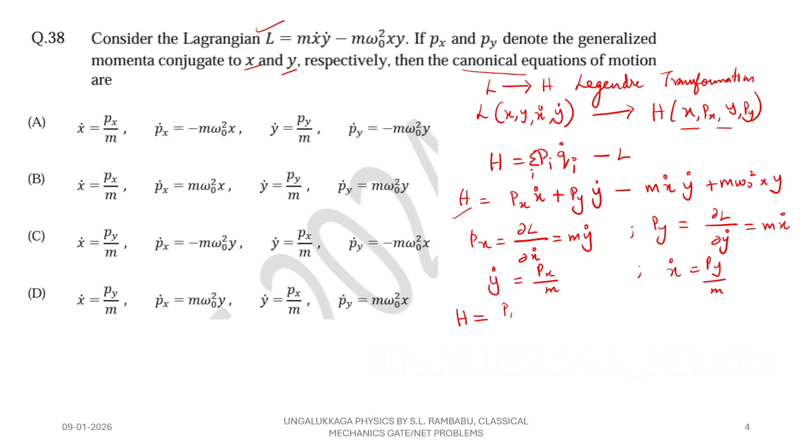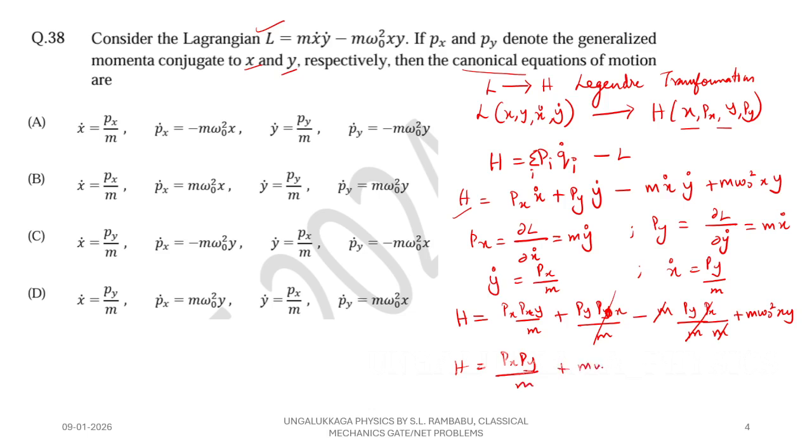So H is equal to px times py by m plus py times px by m, minus m times x dot, which is py by m, times y dot, which is px by m, plus m omega naught square x y. The m's cancel, so we have px py by m twice, and we cancel one of these terms. So H is equal to px py by m plus m omega naught square x y. Now we are able to find the options.